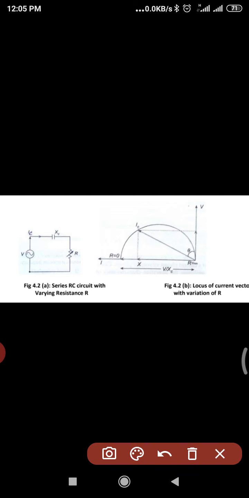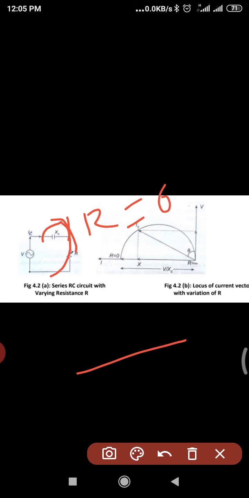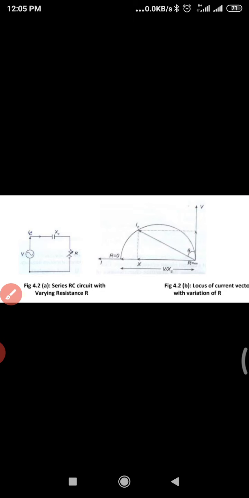So let us consider R is equal to 0. If R is equal to 0, then what happens to the phasor diagram? It contains only a capacitive circuit. Suppose you consider only a capacitive circuit, what is the phasor diagram?